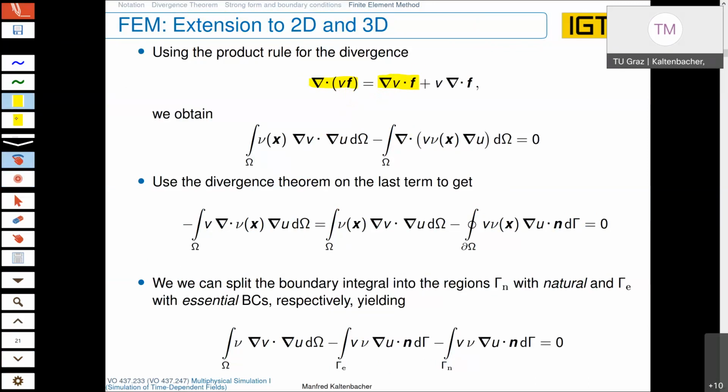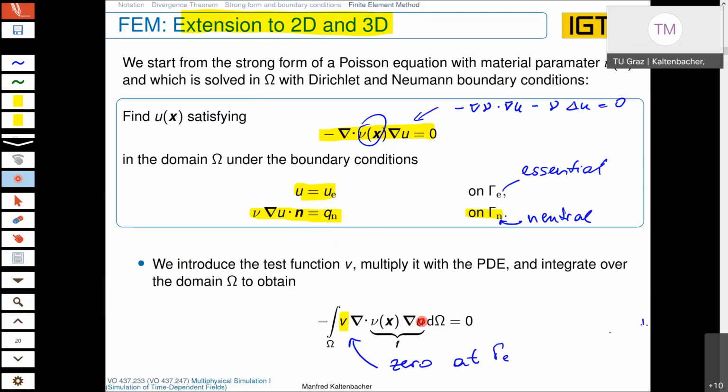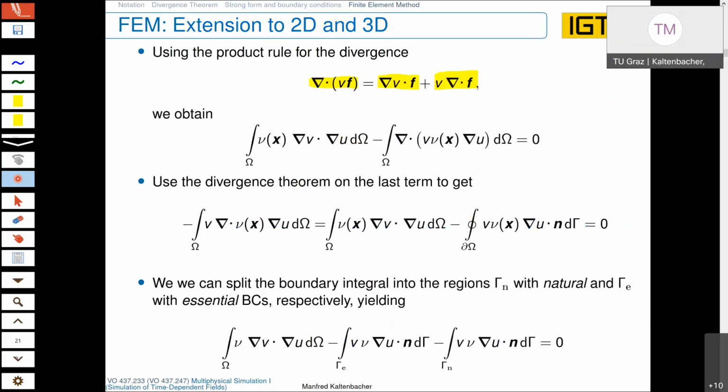And in addition, we have here the scalar function, which is our test function, multiplied with the divergence of f. Why we explore it is clear, because what we have here is this term, and we want to do an integration by parts on this term multiplied by the test function. And this is exactly what we have here.